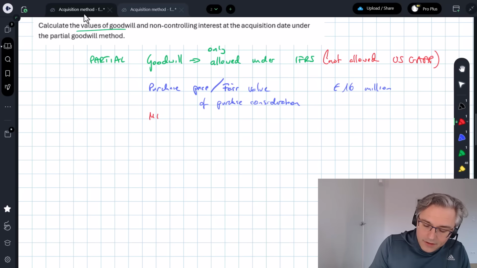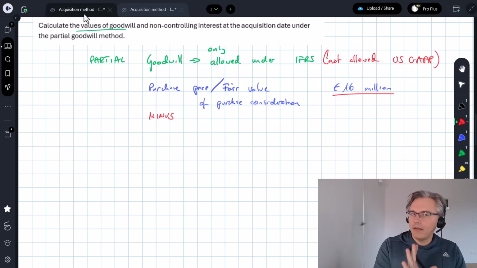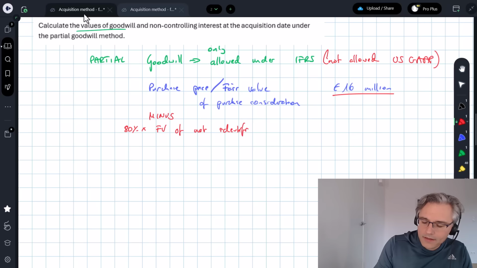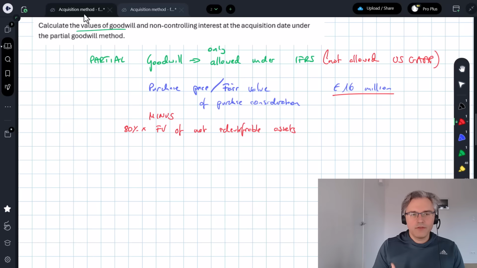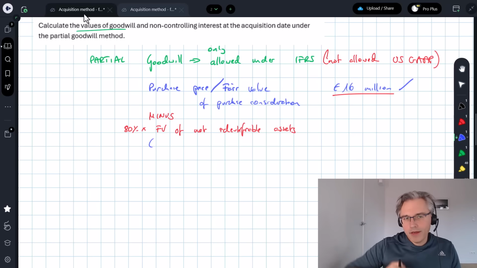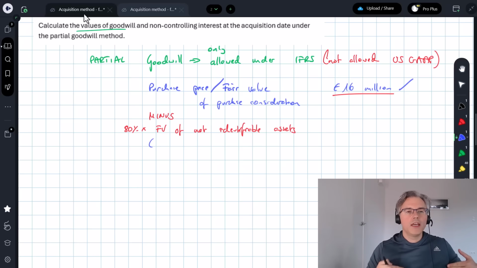We still deduct from it, so we compare the price paid, but knowing now that we paid for just 80% of the shares, minus our share of the fair value of net identifiable assets. Because the crux of the matter is, why we're doing this, I want to see how the price that we pay, or the purchase consideration that we give to the other side, compares to what we get in return.